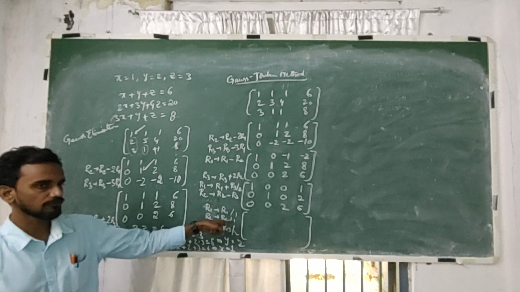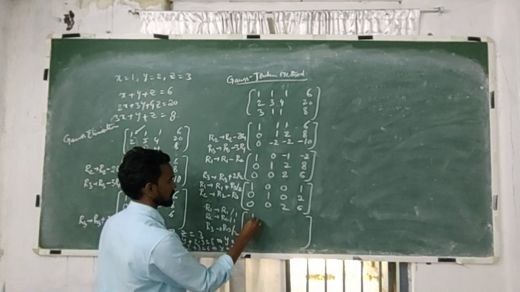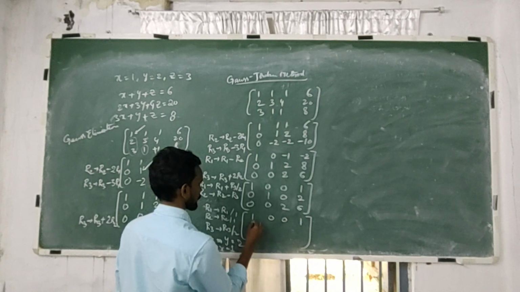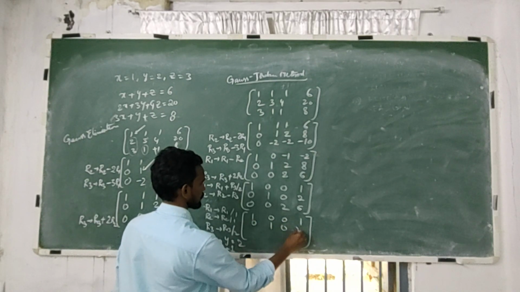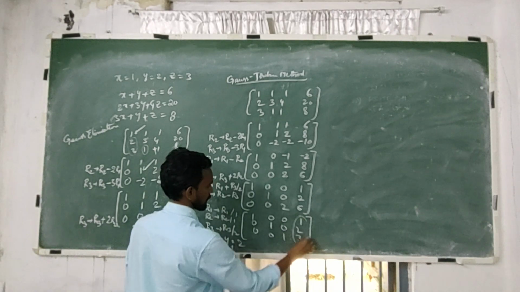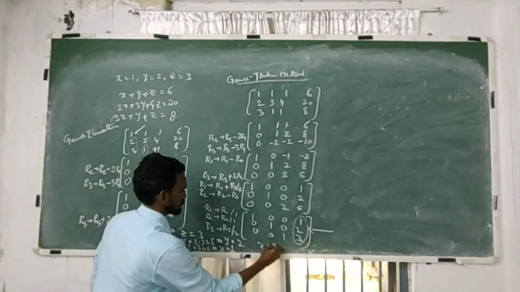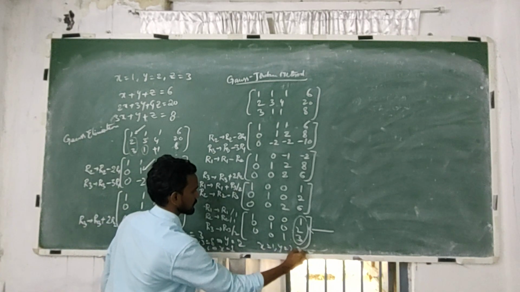If at all any modifications are required, you have to do it here. Then it is 1 0 0 1, 0 1 0 2, 0 0 1 3. This is the end result: X is 1, Y is 2, Z is 3.